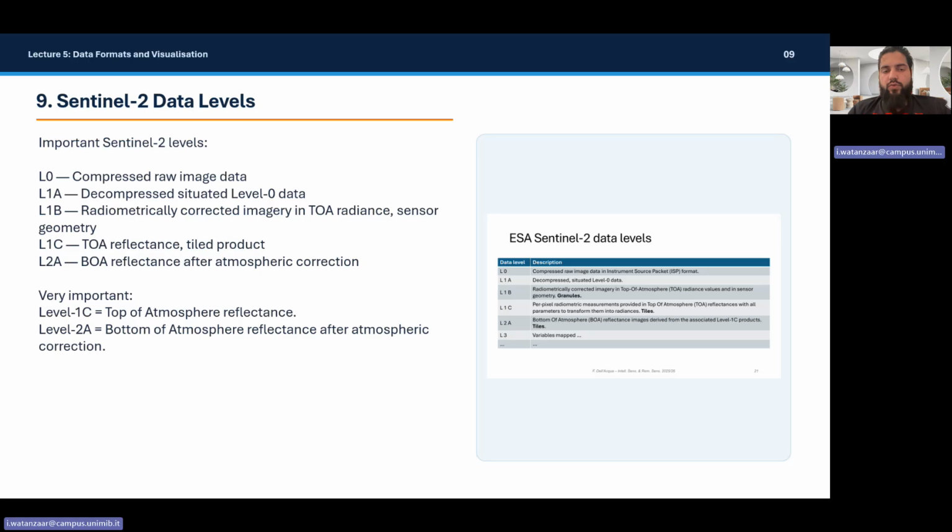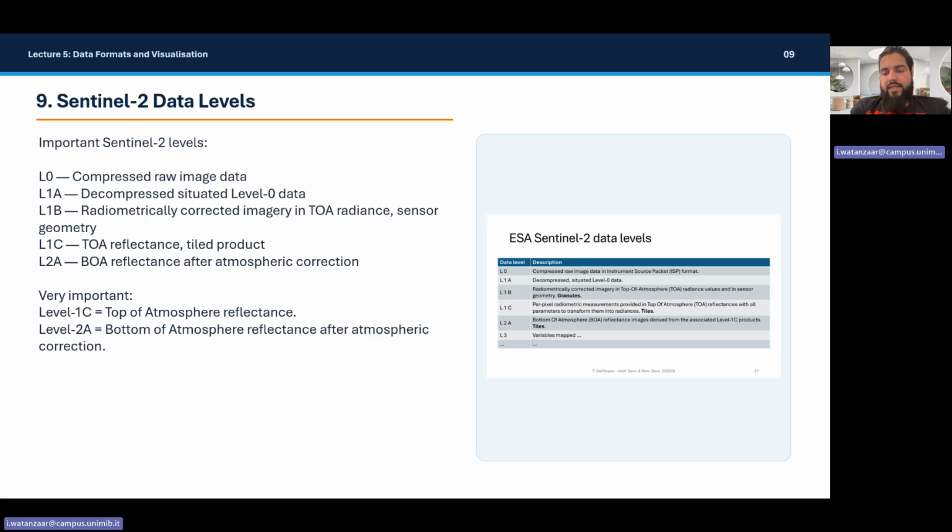Now we are in the level 2, which is the bottom of atmosphere reflectance after atmospheric correction. Now we have the atmospheric corrections applied to get the reflectance of the bottom of the atmosphere. So in this level, we are collecting the bottom of atmosphere reflectance after the atmospheric correction.